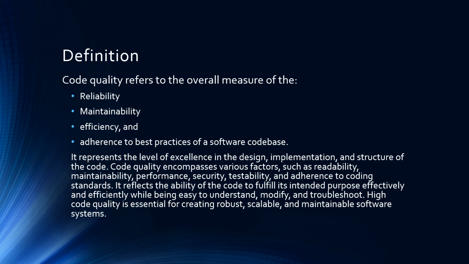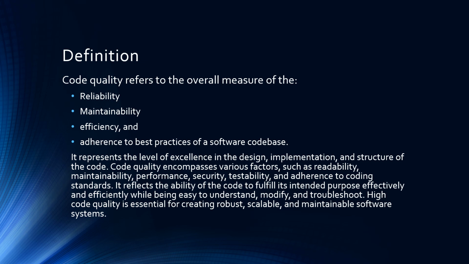Efficiency relates to resource utilization and performance. This doesn't mean premature optimization, but rather writing code that performs well under expected conditions. For example, choosing appropriate data structures and algorithms for your specific use case. Adherence to best practices ensures your code follows established patterns and conventions.